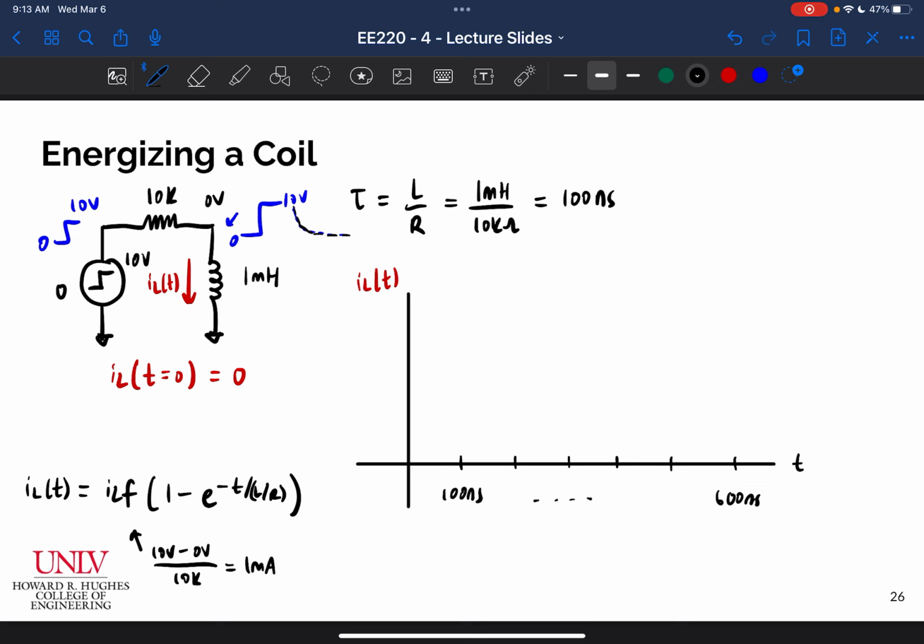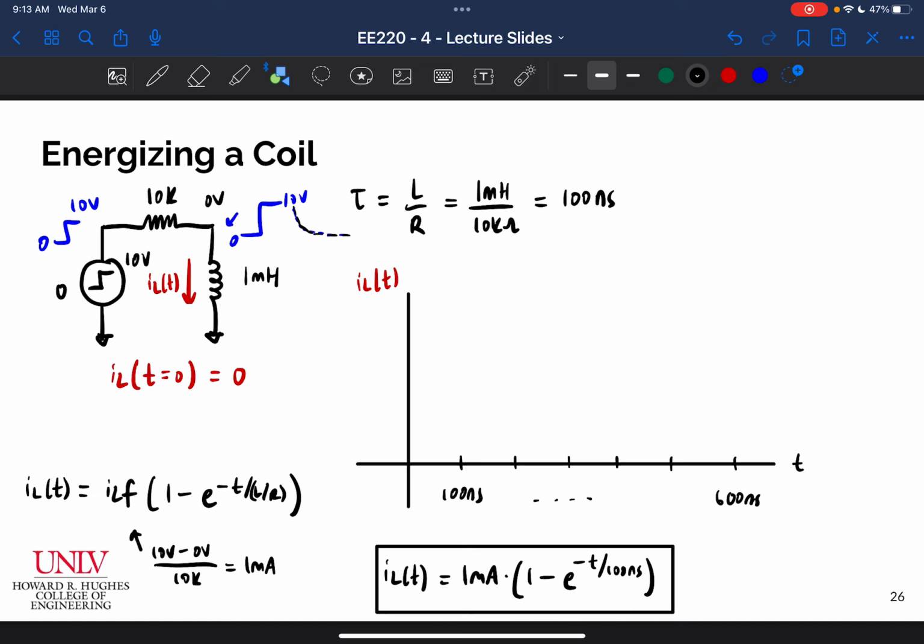So I can write that IL of t is equal to 1 milliamp multiplied by 1 minus e to the minus t over 100 nanoseconds. All right, that's my expression for IL of t.